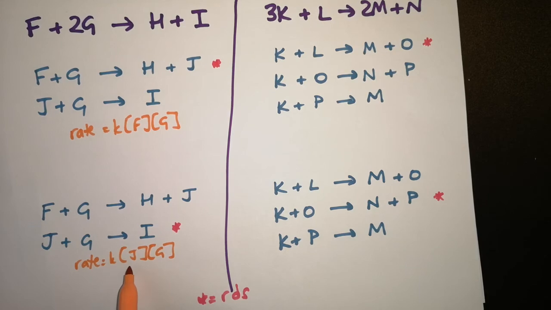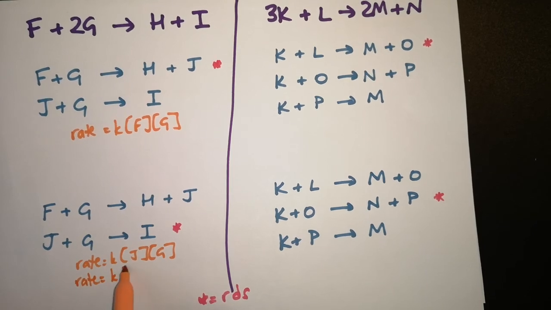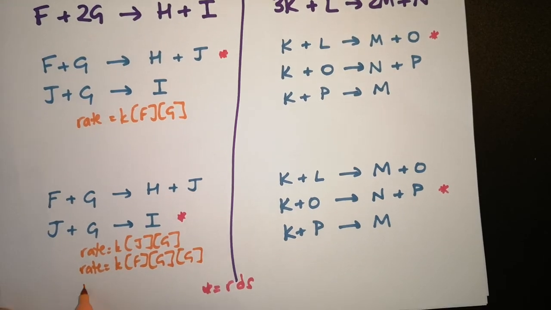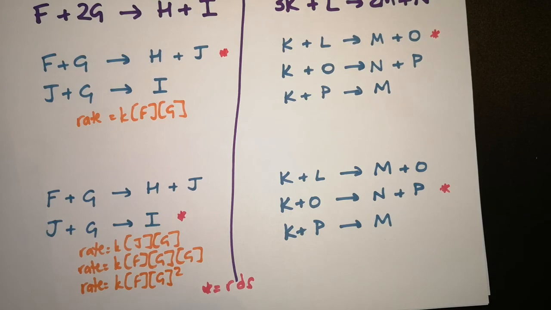So we have to substitute J with what makes the J, which is the F and the G. So rate equals k[F][G] and then the other [G]. So overall, rate equals k[F][G]². So the bottom line is the correct one.